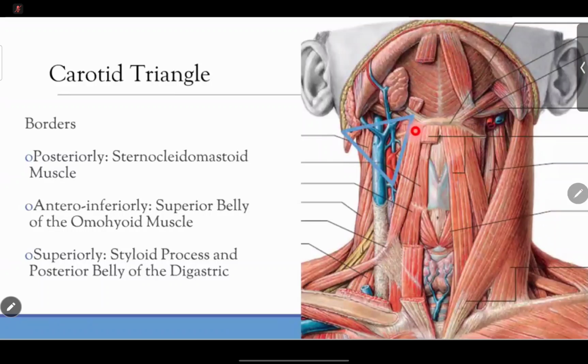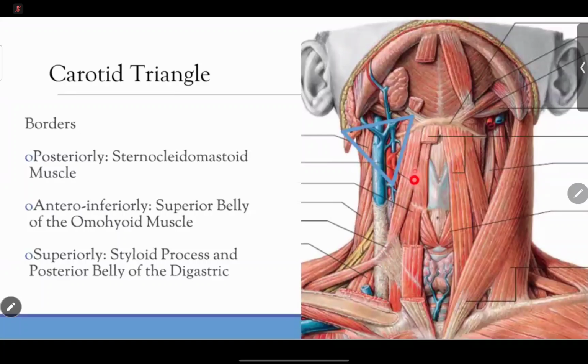Okay. So next would be your carotid triangle, another important triangle in the neck where vital structures are seen. The borders: posteriorly would be your sternocleidomastoid muscle. Anteroinferiorly would be the superior belly of the omohyoid. This is your omohyoid. The same as your digastric, your omohyoid has two bellies, a superior belly and an inferior belly.